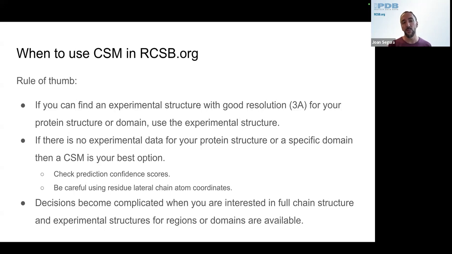But as a general rule, we could say, if you have a good resolution experimental structure, 3 angstroms or better, that represents the whole structure that you're interested in or a specific region or domain, then go for the experimental structure. Of course, if there is no experimental data, the computed structure is going to be your best option.